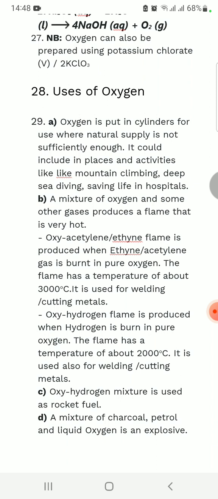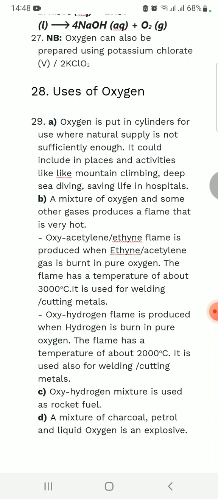They carry oxygen to be used. The mountain climbers also. In hospitals, you'll find gas cylinders with oxygen, and there are also cylinders with other gases, but oxygen is used to supply when it's not enough.